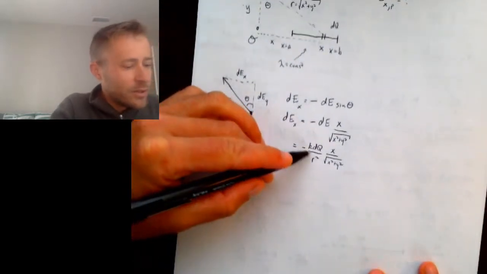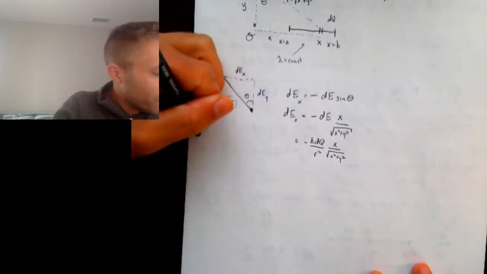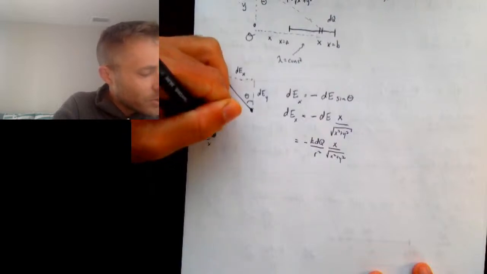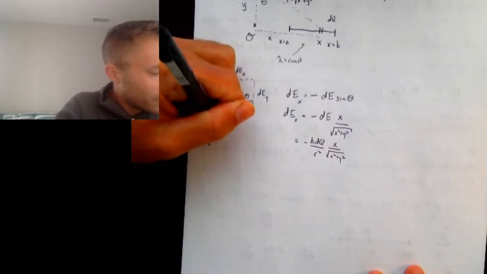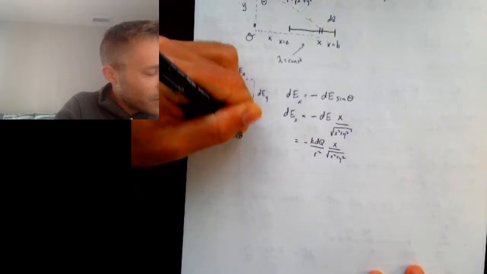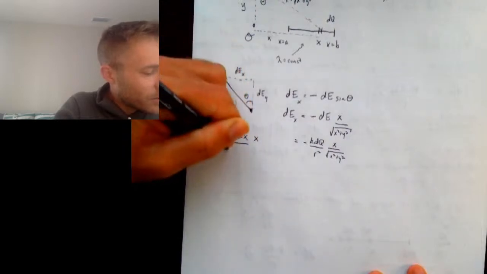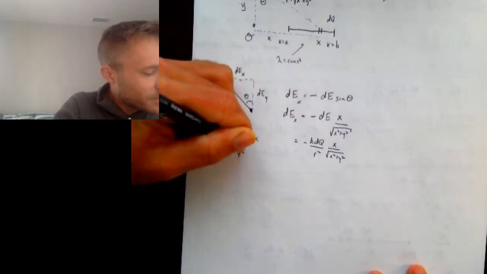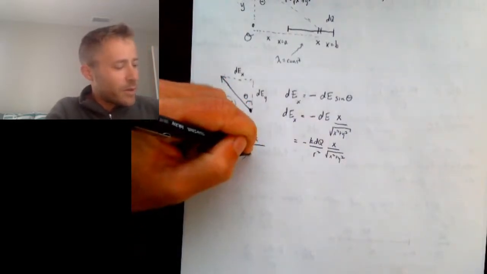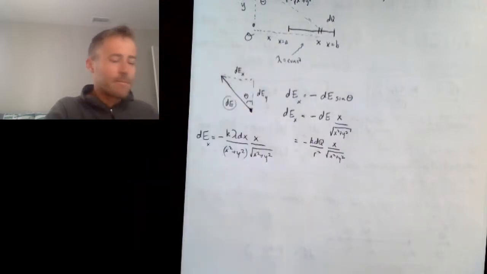And then I know that dq is lambda dx, just like before. So my dE_x, the x component of the infinitesimal electric field, is minus k times lambda dx times x over x squared plus y squared. So here's the sine theta term.